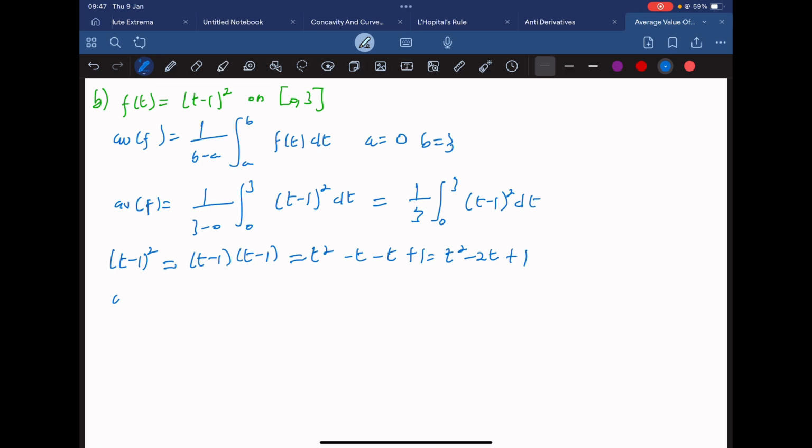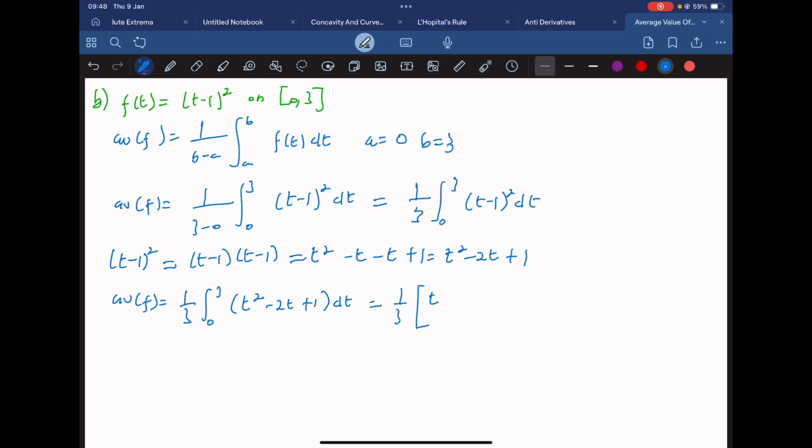So in that case, our average value changes to 1 over 3, integral from 0 to 3 of t squared minus 2t plus 1 dt. Since this is a polynomial, we add 1 to the exponent and divide by it, right?